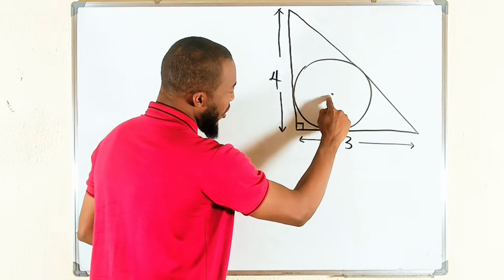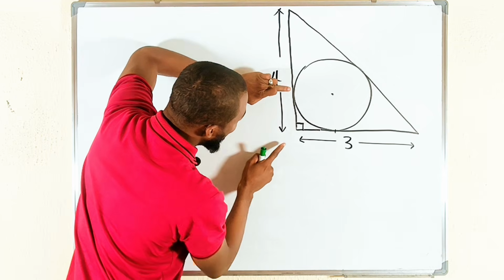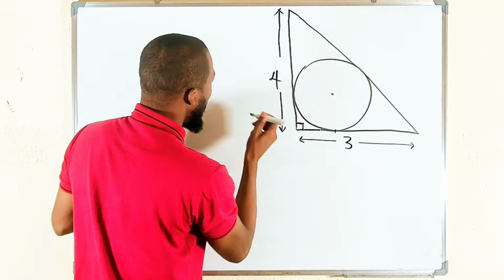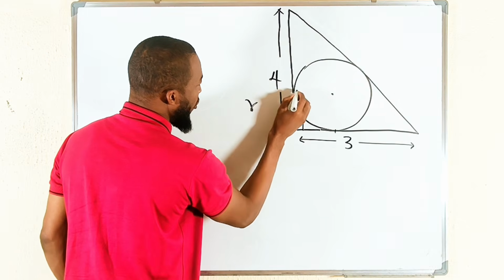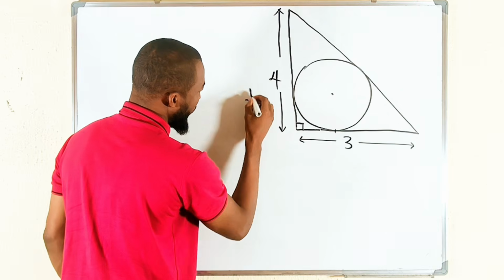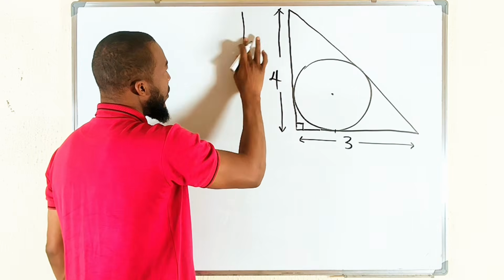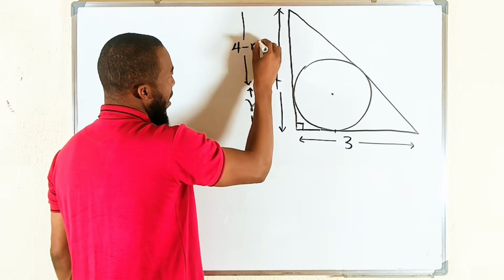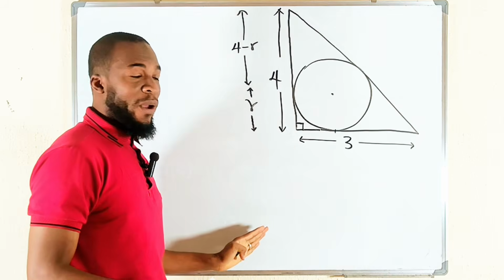So from this point to this point is a radius, which means that from this point to this point is r. So let me make it like this. This is r, that is from the point of tangency to this point here. And the remaining part, since the total is 4, is going to be 4 minus r. If you add 4 minus r and r, you're going to get 4 exactly.